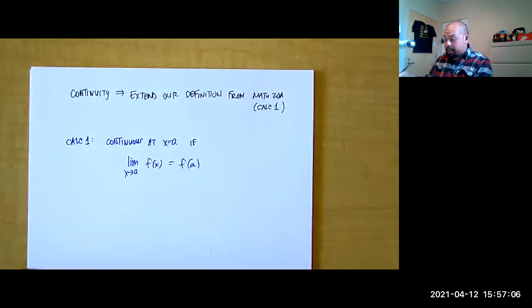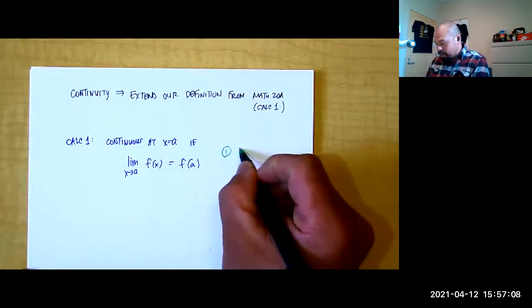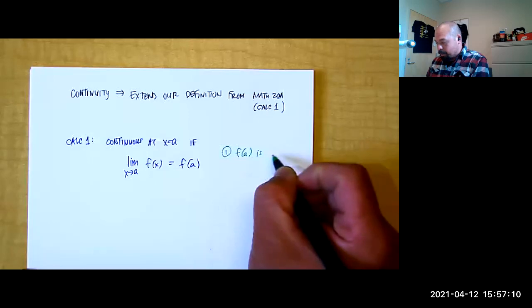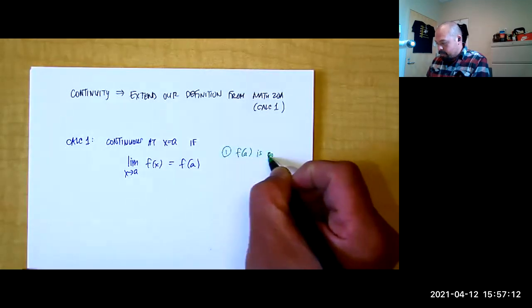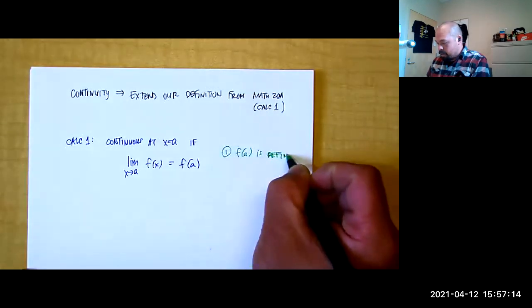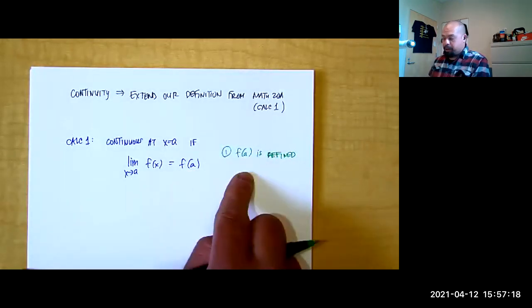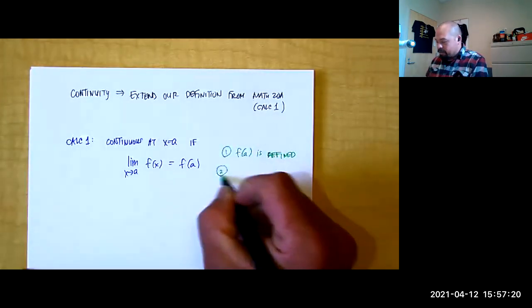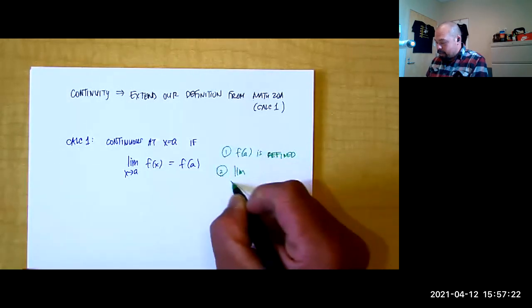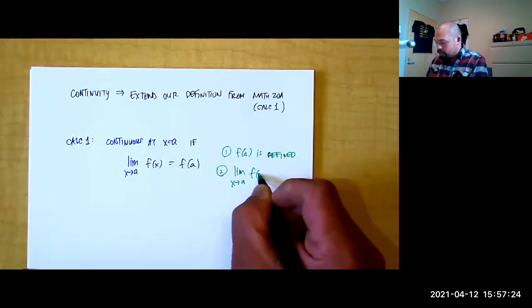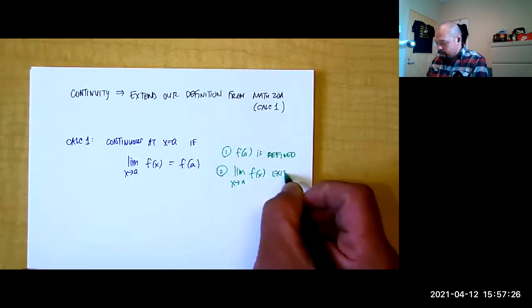And it identified three things. f of a is defined. We can actually compute a value of the function by plugging a in. We're not getting 0 in the denominator, a negative under a square root. That the limit of our function exists, right?